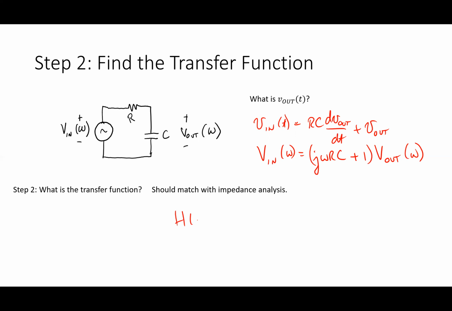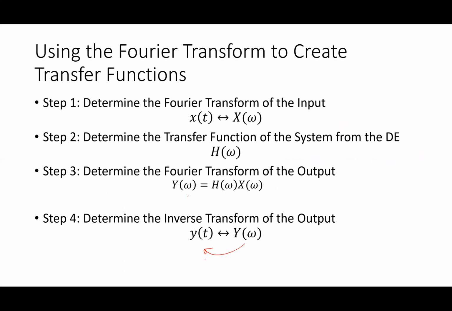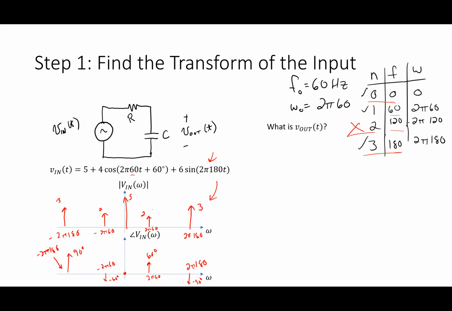That tells us H of omega is 1 over j omega RC plus 1, and so Vout of omega equals H of omega times Vin of omega. What I need to do is figure out the value of Vout of omega at each of the frequencies we looked at over here: DC, 60 hertz, and 180 hertz.